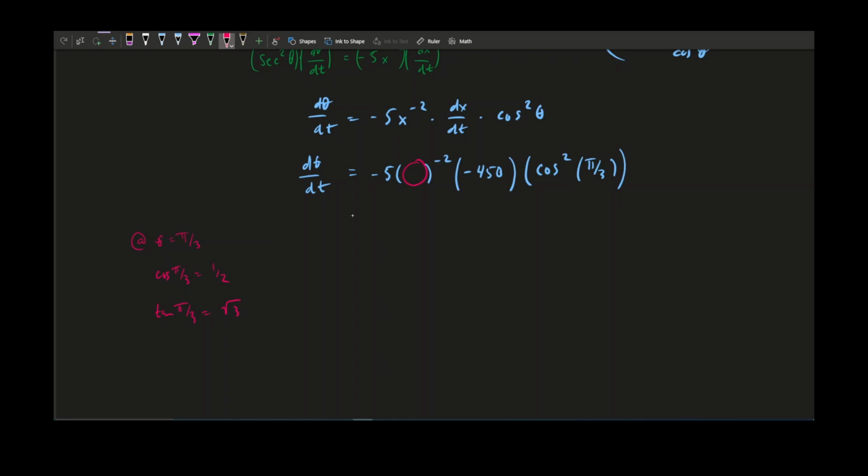And so if you're looking for x, which we said we had tan of theta is 5 over x, then we know that x is really 5 over tan theta, which is 5 over tangent of pi over 3, which is 5 over radical 3.